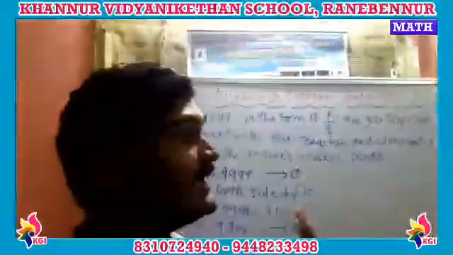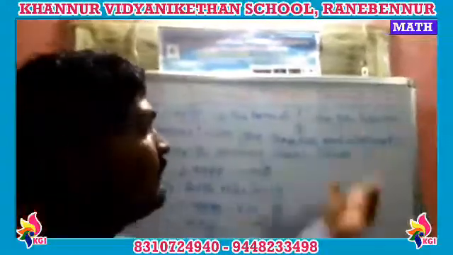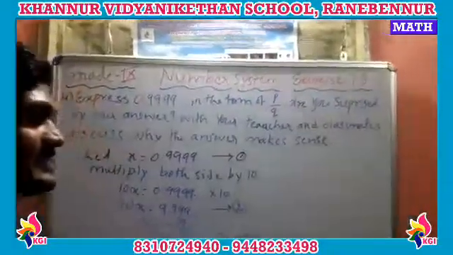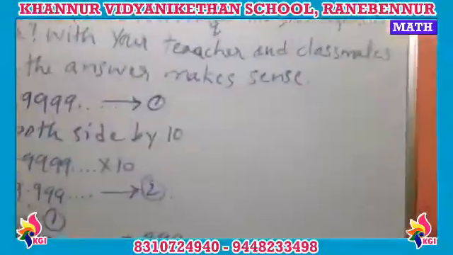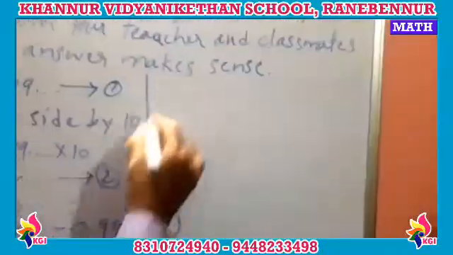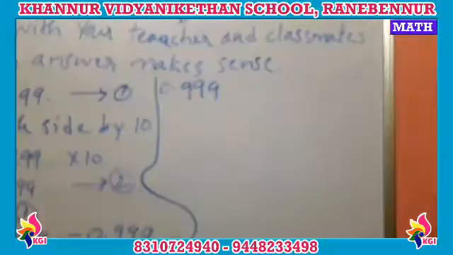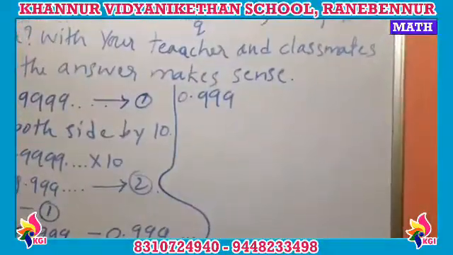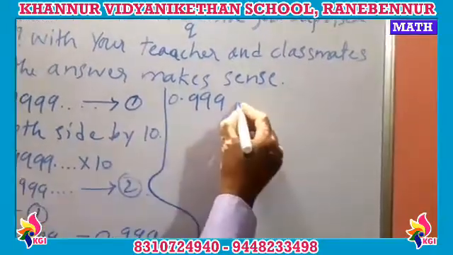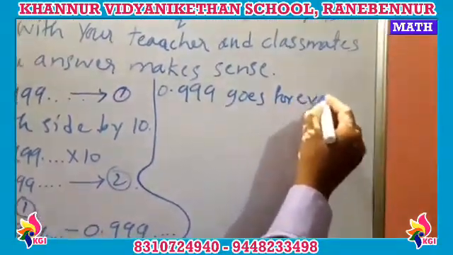Okay, let us write what happened. What was it that gave our surprising answer? 0.9999 goes on forever.